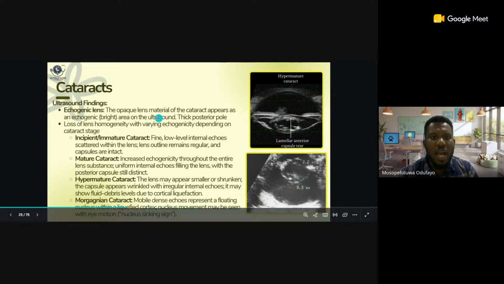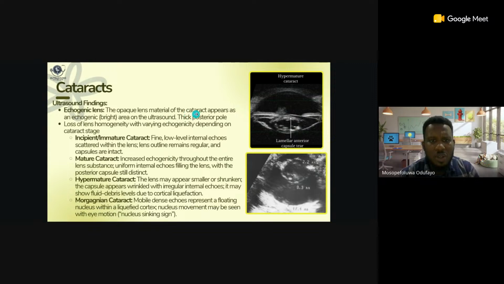So you have an opaque lens material within the lens. An opaque lens material of the cataract appears as a bright area on the ultrasound. So look at the ultrasound here. The lens is supposed to be transparent, but see what you're seeing inside. You are seeing internal echogenic components within a normally transparent lens.